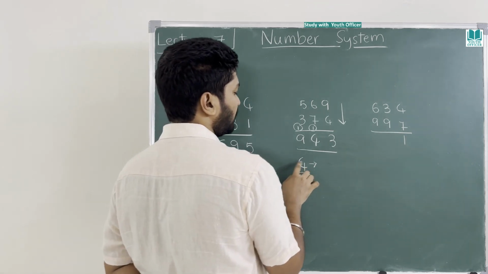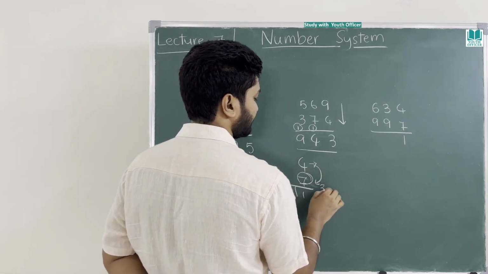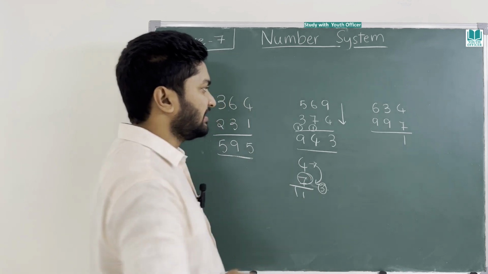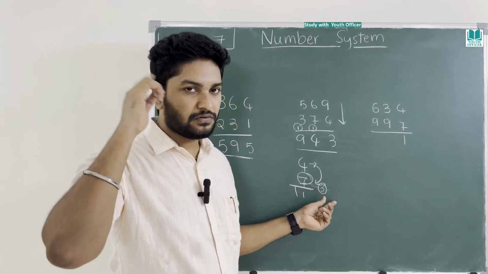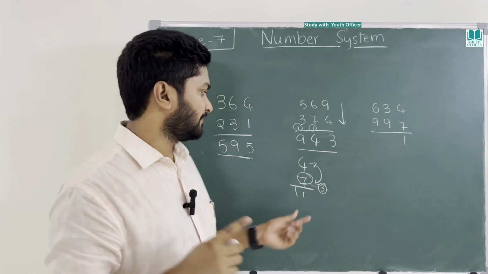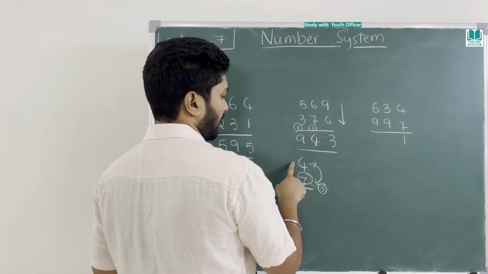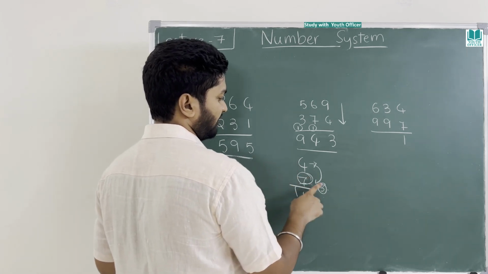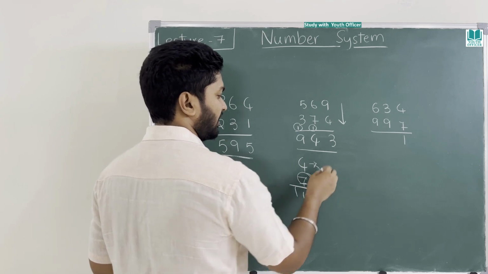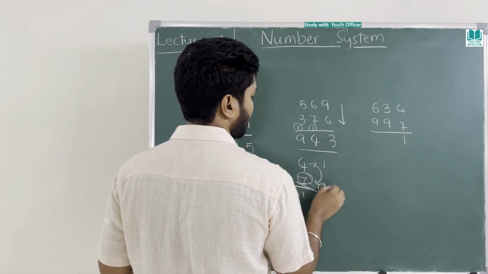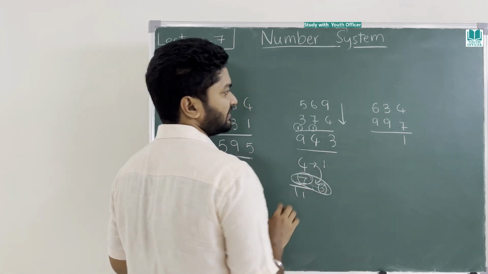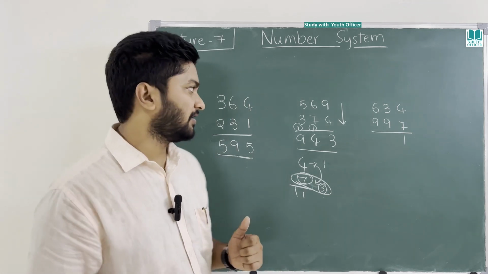So I have to donate 3 from this. Why I say in each and every example is this is how things run in your brain. From the 4 I have given 3, then I am left with 1. This became a 10. 10 plus 1 is 11. This is how the calculation is happening here.